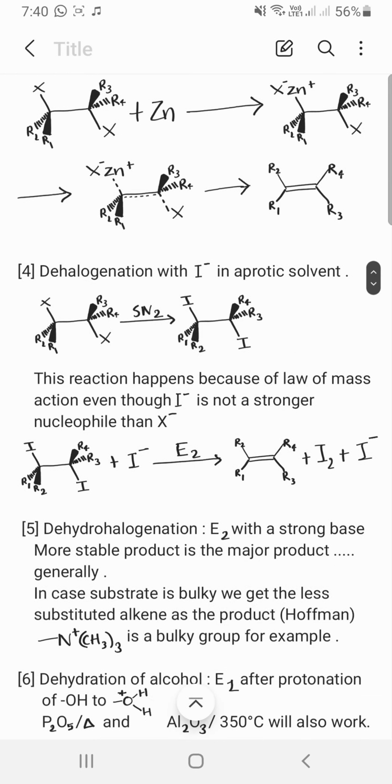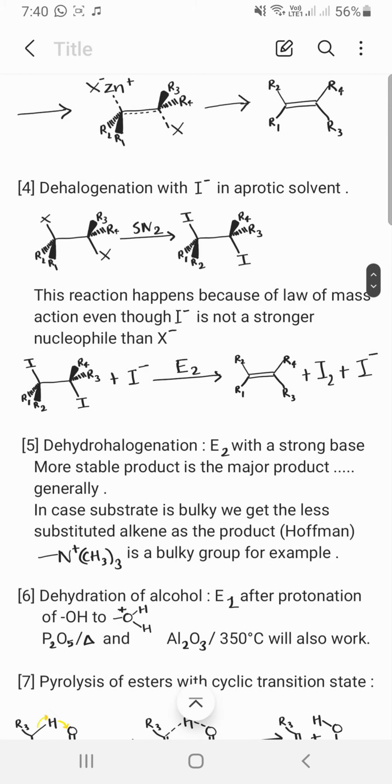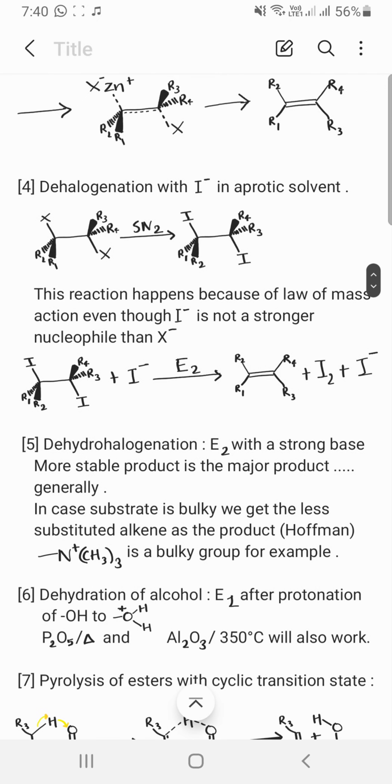Cool. Elimination, E1 kind of thing. E1, yeah, it's E1, fine. Dehalogenation with I- in protic solvent. Actually, this is more like E1cB. Whatever. Move on. So the first step I showed is that it does SN2.